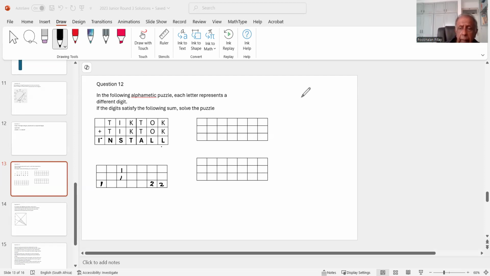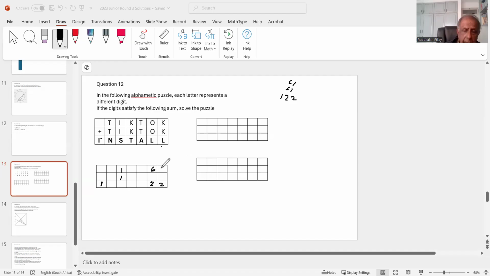So it has to be 122, 61 plus 61, right? It can't be 222 or bigger because you got two-digit numbers. When you add them, it's going to be less than 200. So I could only have 122, and each one will have to be 61.